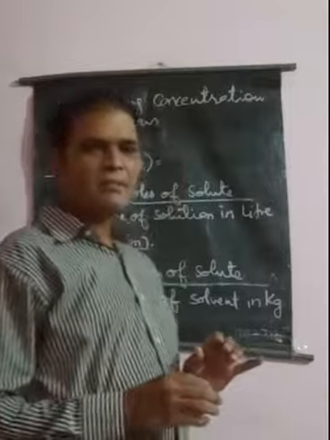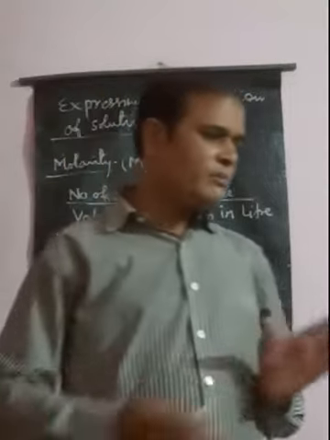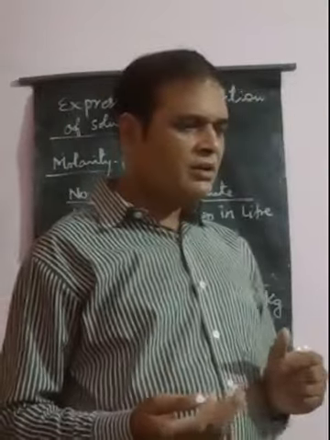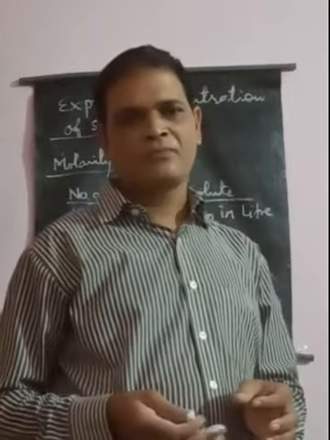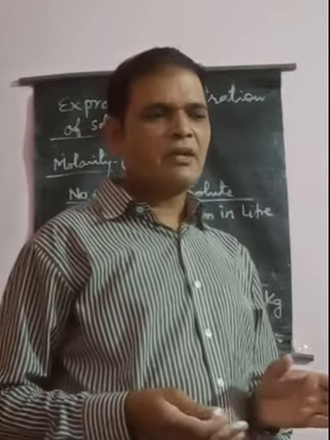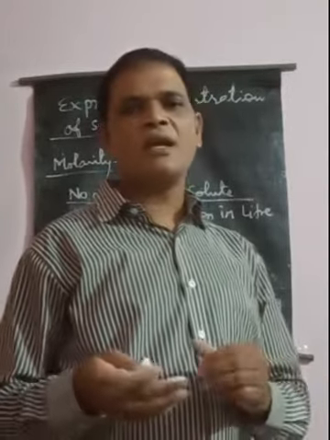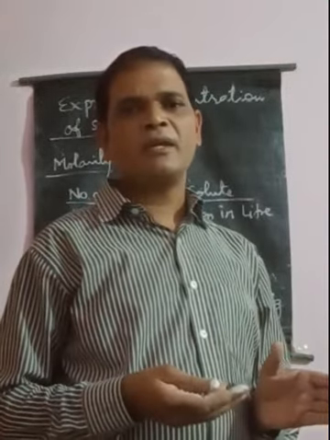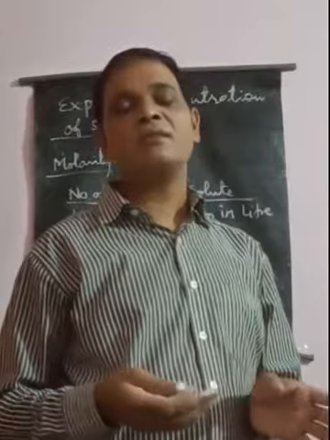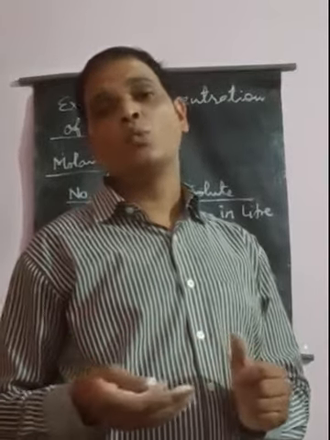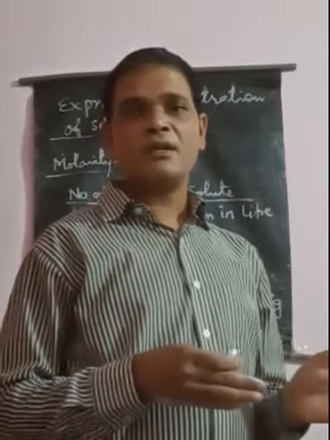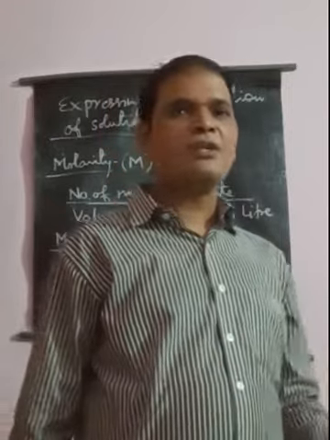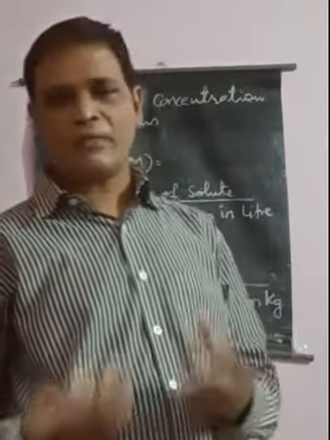For example, suppose the molality of a NaCl solution is given here. Previously I told you that the molar mass of KCl is 58; actually the molar mass of KCl is 74.5 gram, and the mass of NaCl will be 58.5 gram.